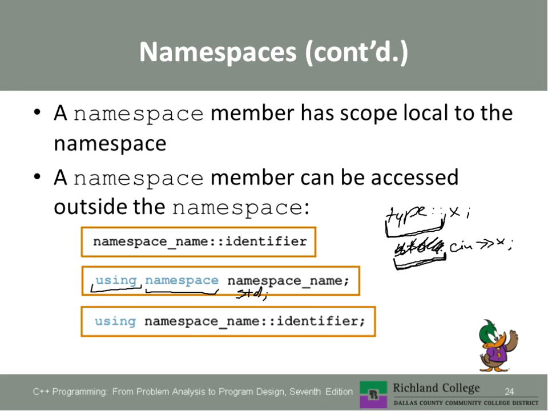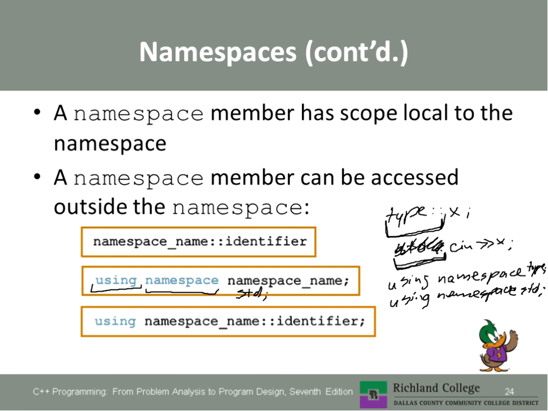But you can have multiple namespaces listed. So you can have using namespace, let's say type, and then using namespace std.